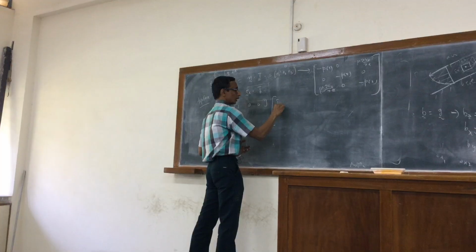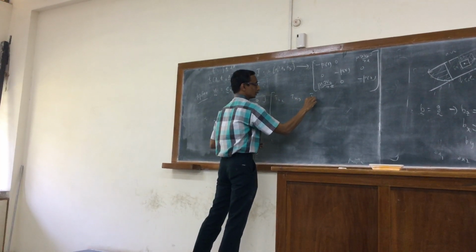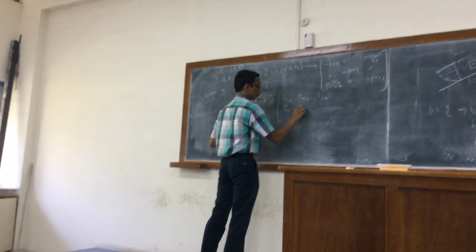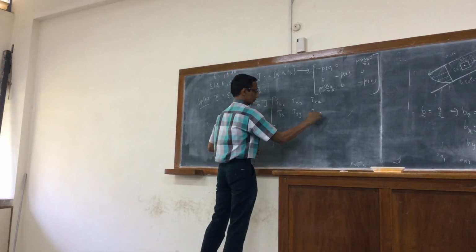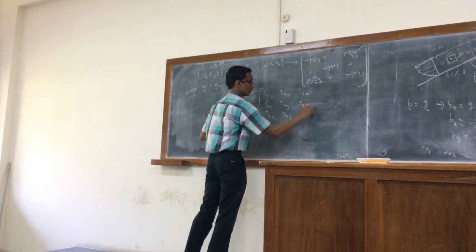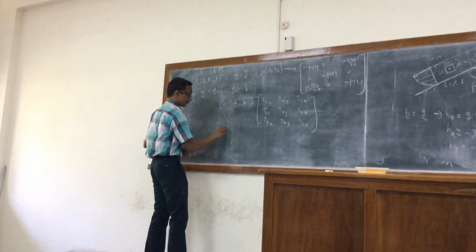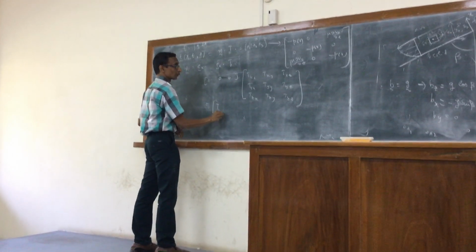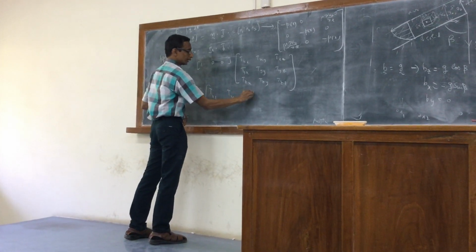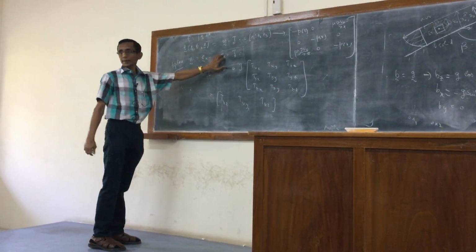And I have T11 or Txx in general, and then writing Txy, Txz, Tyx, Tyy. Right? So what would this be? This would be Txx and then Txy and Txz. Right? So that is the Ex dotted with T.